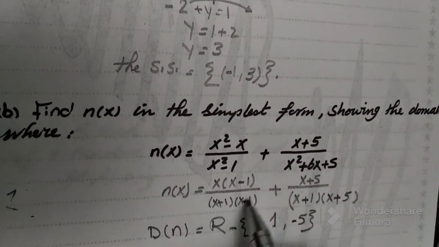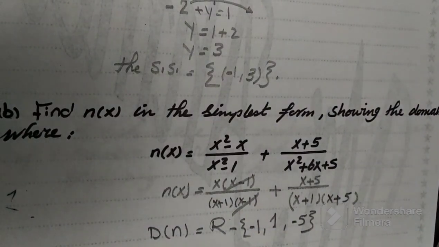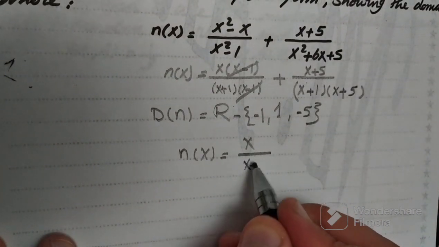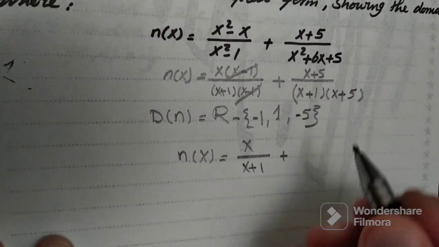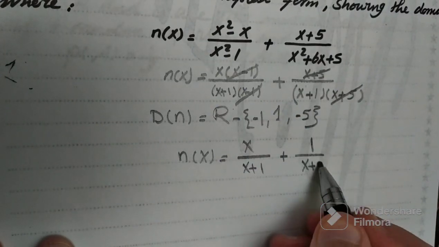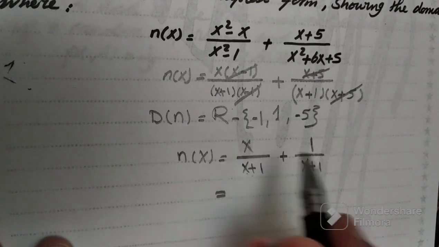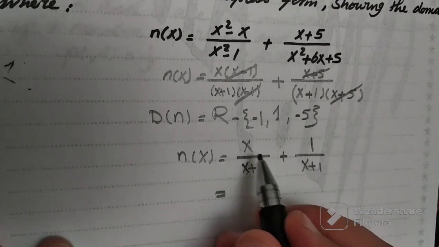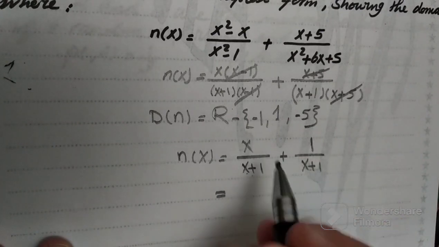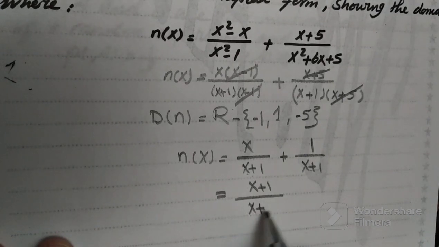Simplify negative 1 with negative 1, n of x equals x over x plus 1, plus x plus 5 with x plus 5, 1 over x plus 1. We have a common denominator, so we can add the two numerators. x plus 1 equals x plus 1 over x plus 1, the result is 1.